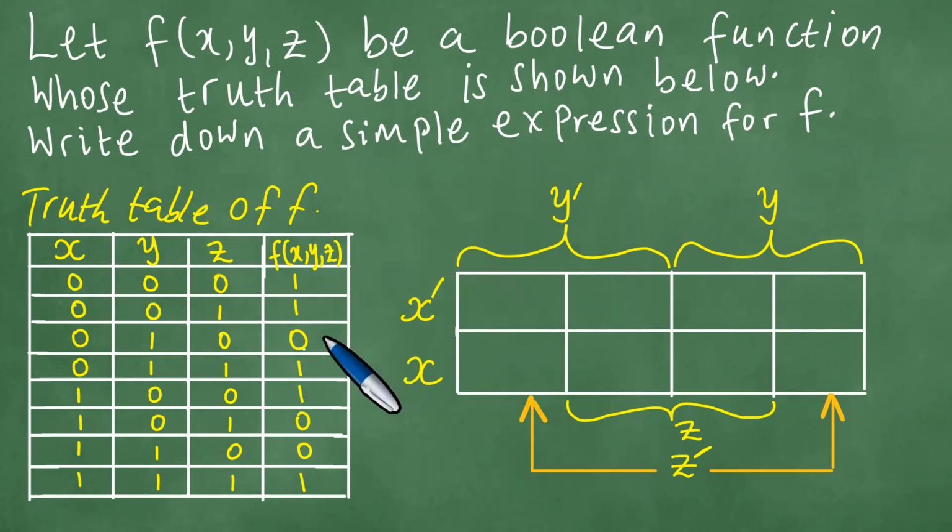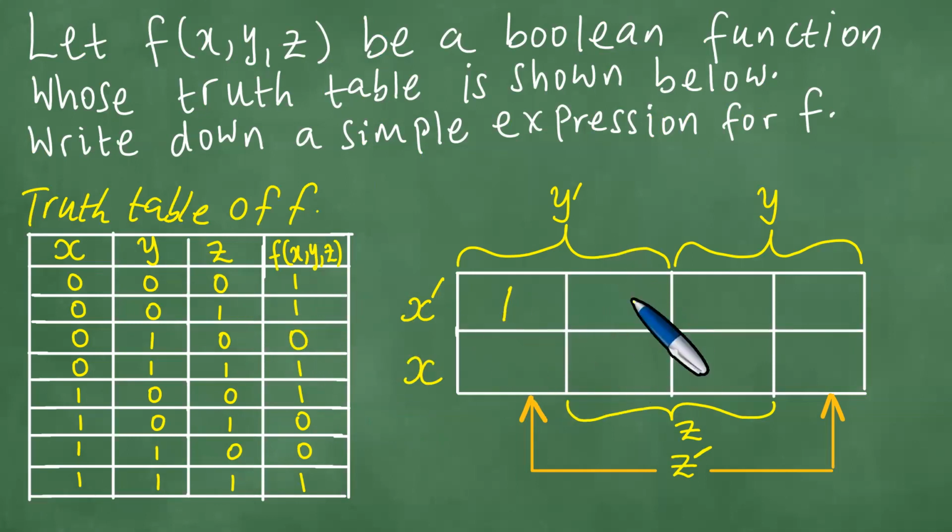Write down a simple expression for f. Let us actually fill this up here and see what we get. For example, this one here is the x primed, y primed, and z primed block, and it's actually now the 0, 0, 0. So 0, 0, 0 is a 1.